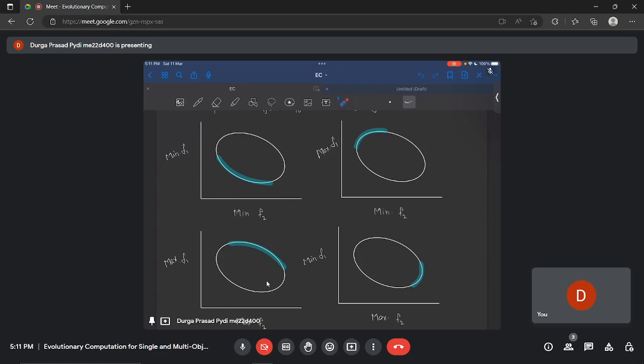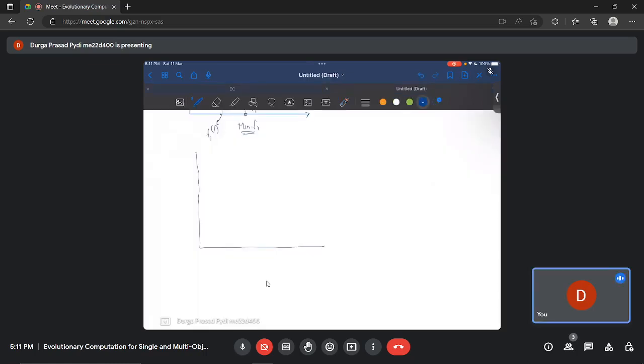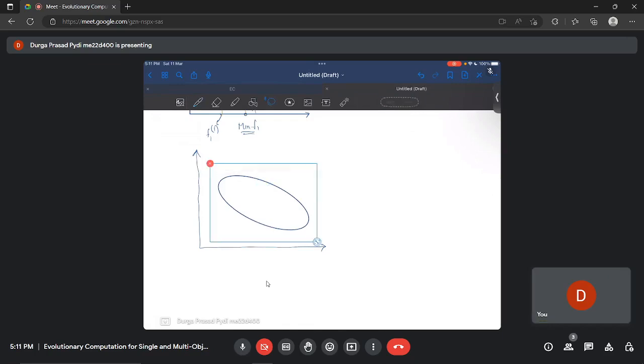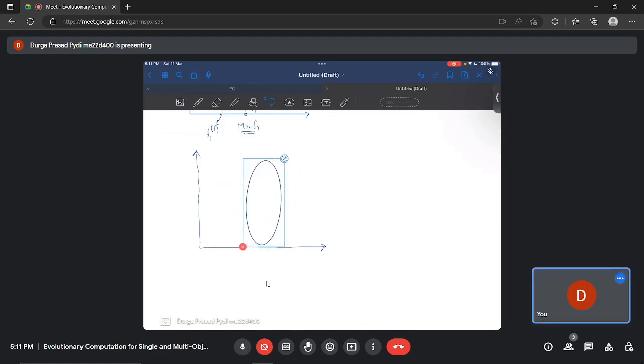So you're saying instead of a normal ellipse, something like this, right side up, tilted towards the right. Suppose the shape is like this.